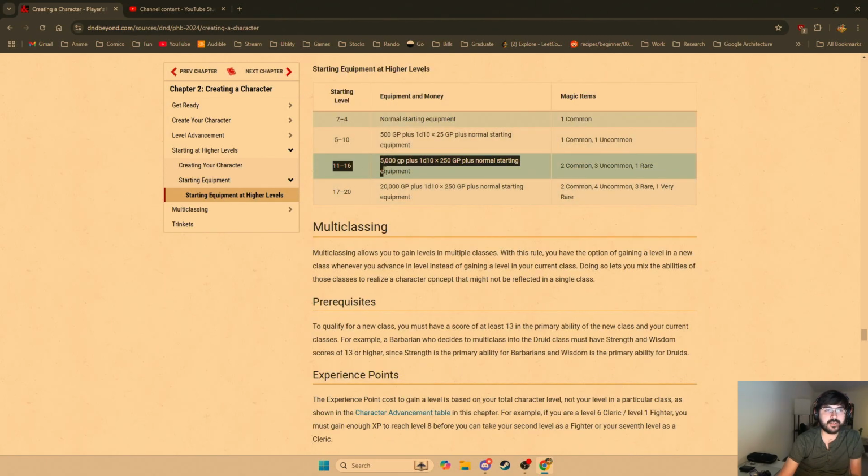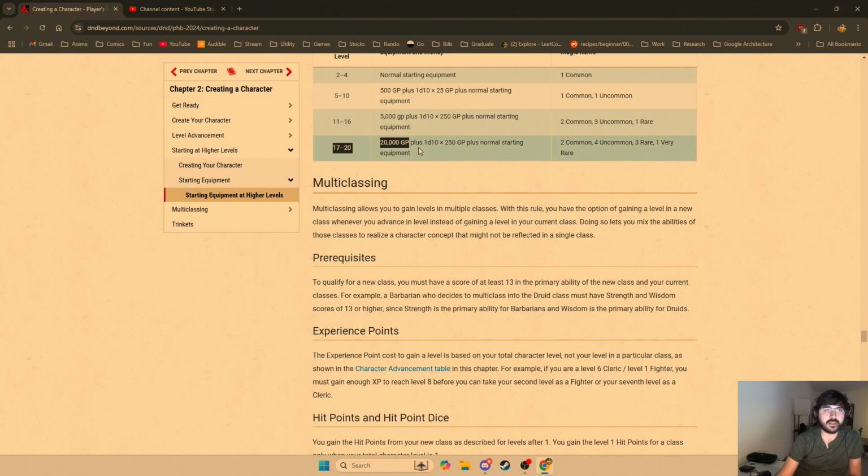If you're starting at 11 to 16, which is very rare, but I've heard it happen, 5,000 gold pieces plus 1d10 times 250 gold pieces plus normal starting equipment. Then you get 2 commons, 3 uncommons, and a rare. This is an extremely powerful start. You could start off with an entire archetype built out and a lot of power.